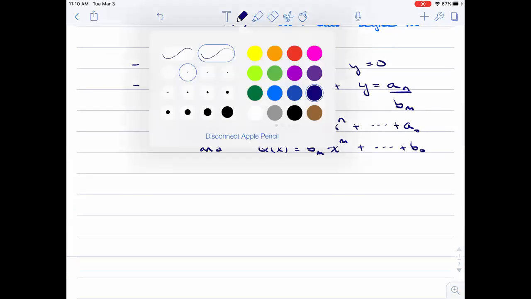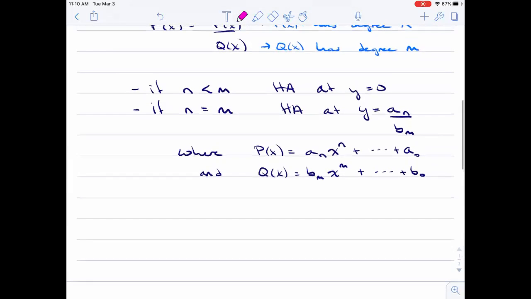So if n equals m, that is, the 2 degrees are the same, then you have a horizontal asymptote at a over b, the coefficients of the 2.